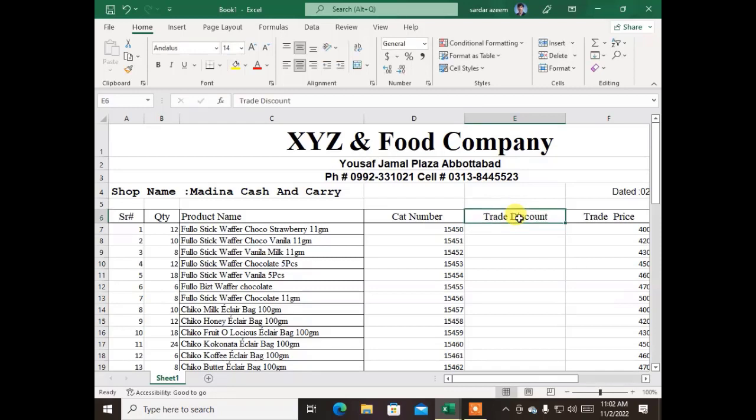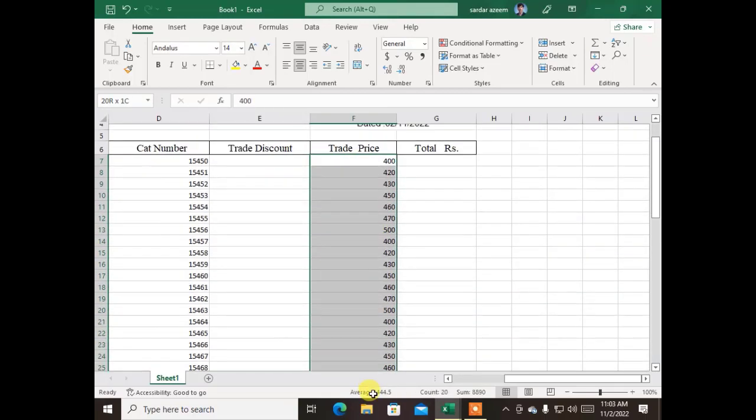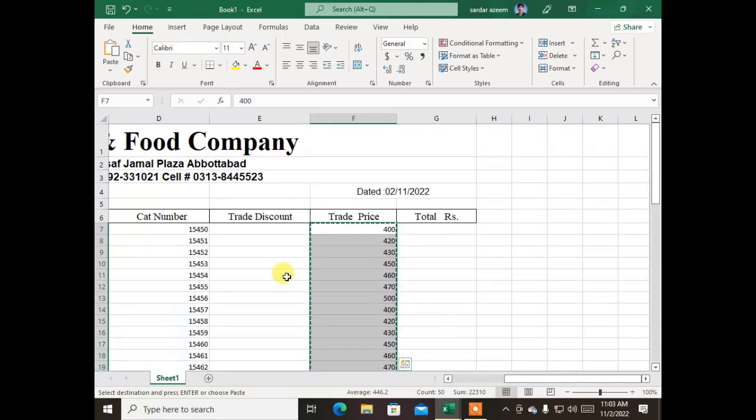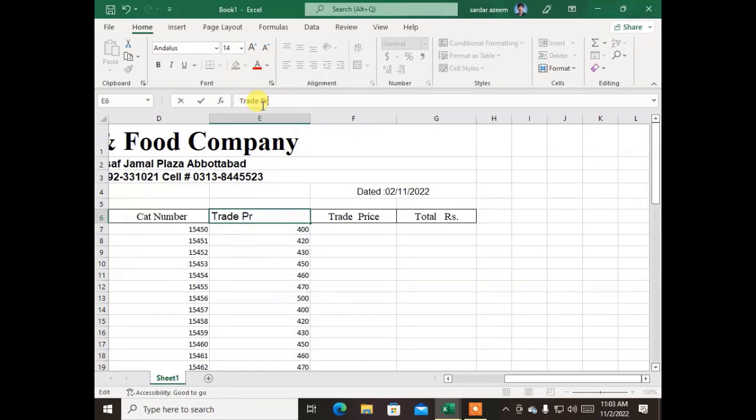Trade discount is the amount of discount that a trader provides to the wholesaler. It must be after the price, so I'm going to apply the price here, and I'm going to apply discount after the price.